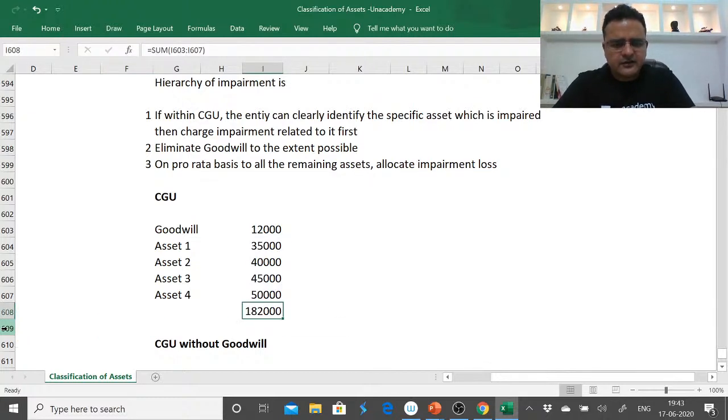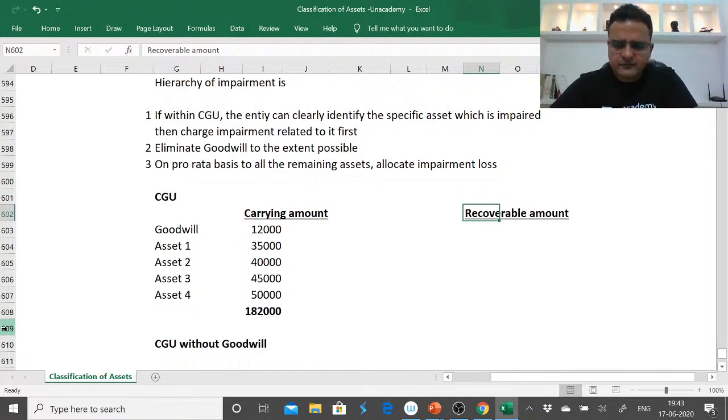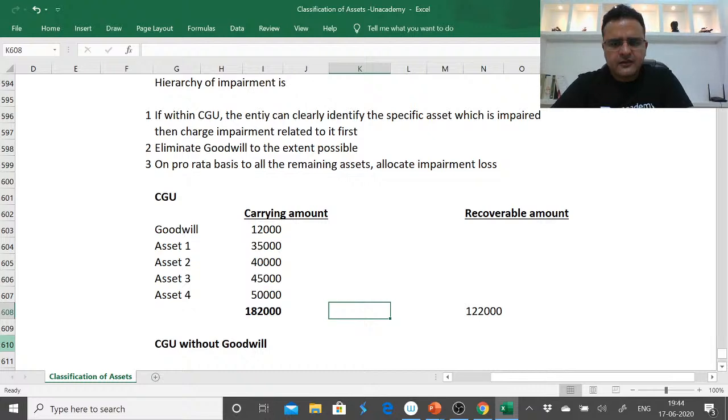The total value of the asset is 1,80,000. 82,000 is the carrying amount of this asset. This is the carrying amount of the CGU. The recoverable amount of the CGU is 182 minus, say 60,000 is the loss, and impairment loss of 60,000 we need to allocate it to all the CGUs.